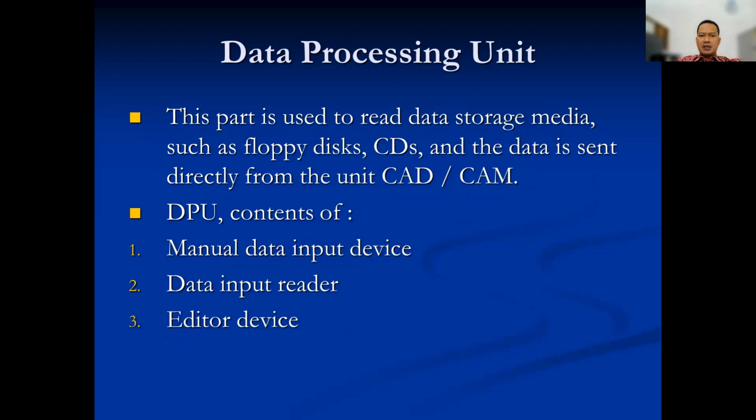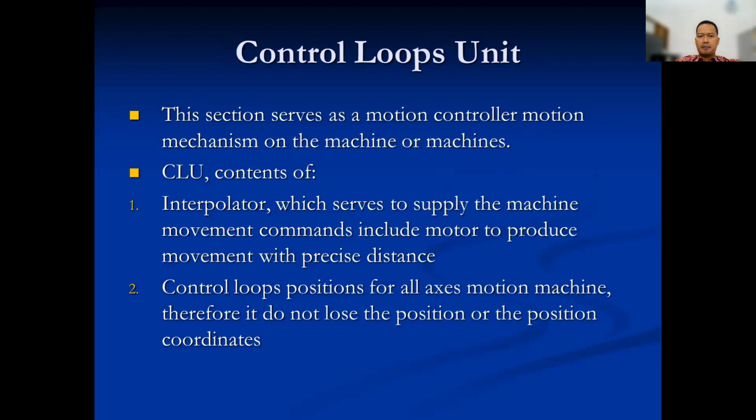The DPU is used to read data storage, such as a floppy disk, CD, or USB, etc., even directly from the CAD/CAM unit. The DPU contains a manual data input device, so you can also input data manually, a data input reader, and also an editor device to edit the input data.